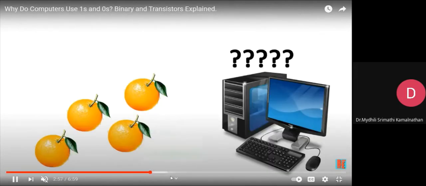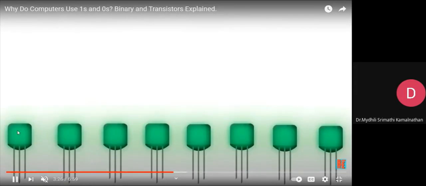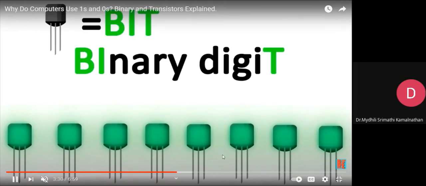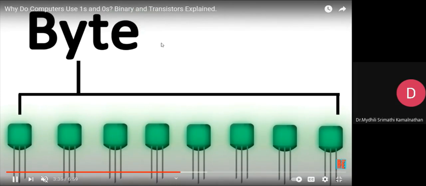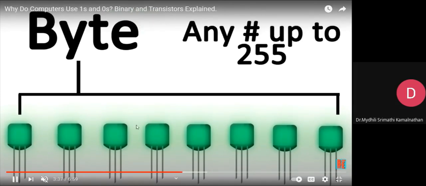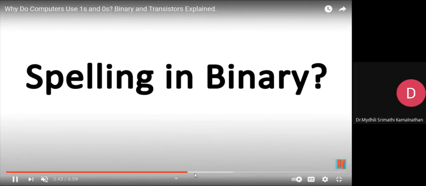For each one of these zeros and ones, transistors are involved. In terms of bits, 8 bits constitute 1 byte. So for an 8-bit processor, this is how the 8 bits will be allocated in terms of zeros and ones.